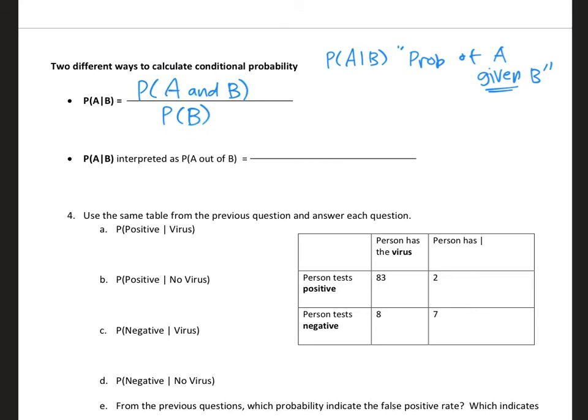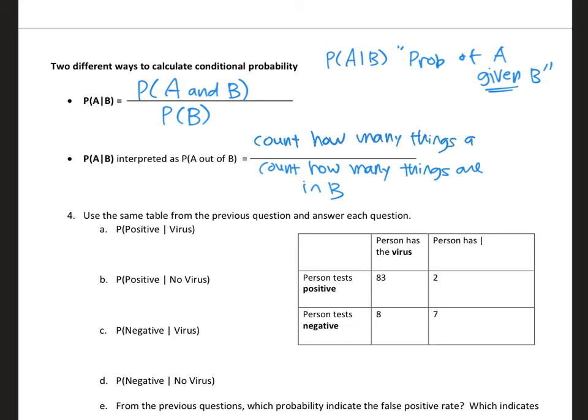Another way to look at it is you count how many things are in B, the cardinality of B, and then count how many things are in A out of B.